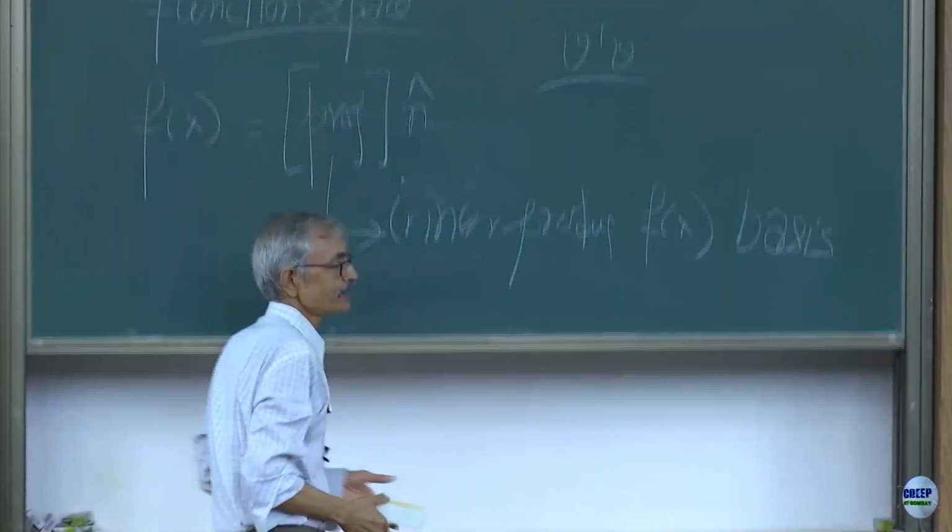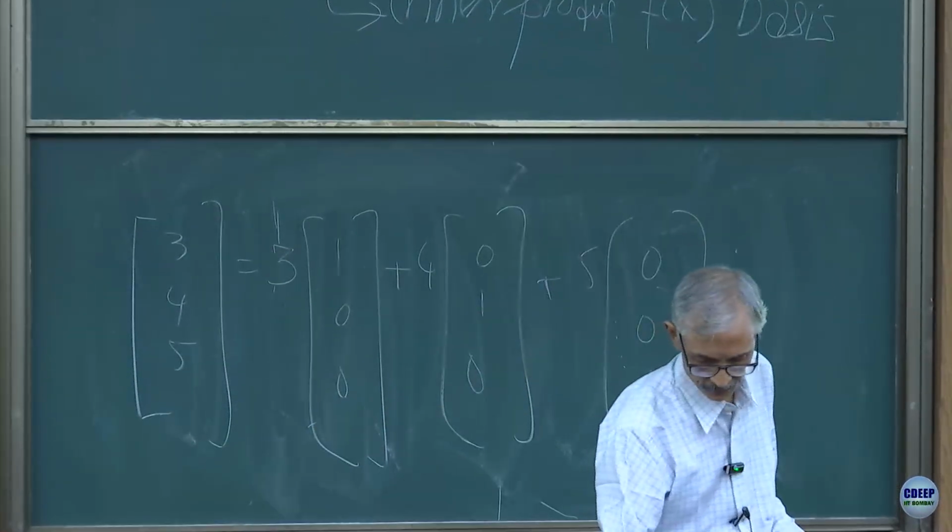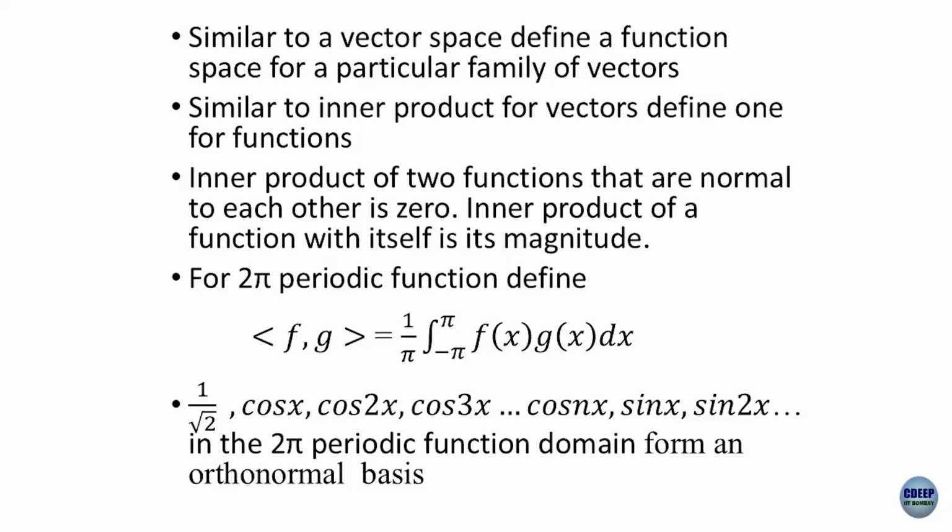So let us define the inner product for a function. Now we have got a function space. Just like we had a vector space, we have now a function space. That's why we spent so much time on a vector space, even though we know everything about the vector space. Just like we had those 3D or 2D vectors, we are going to talk about functions which are 2 pi periodic functions.